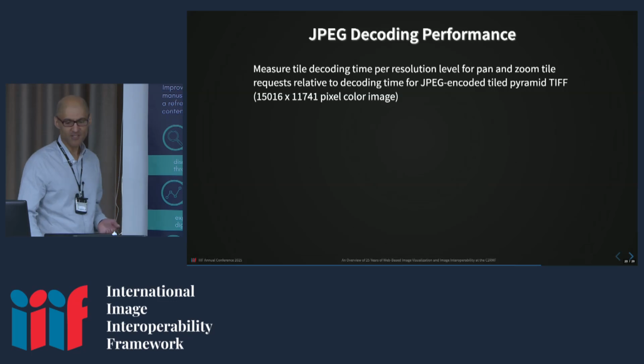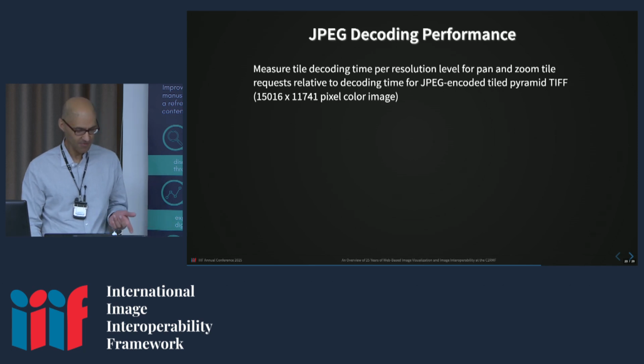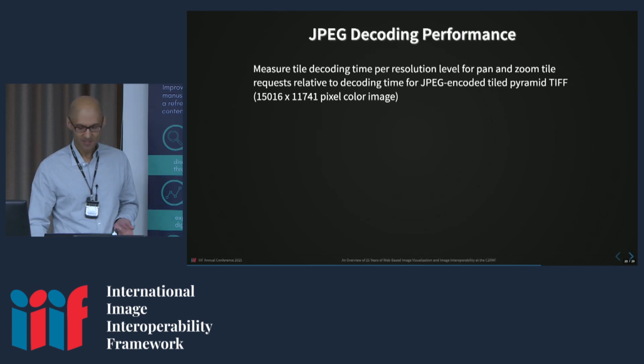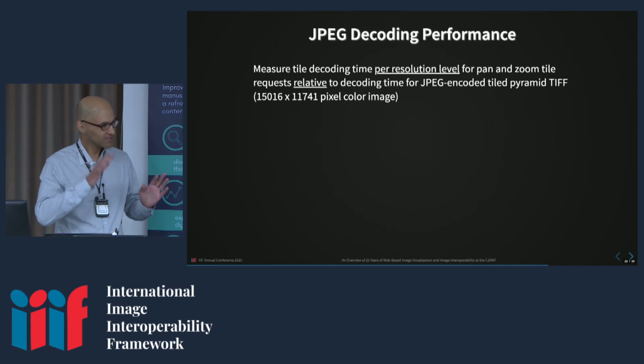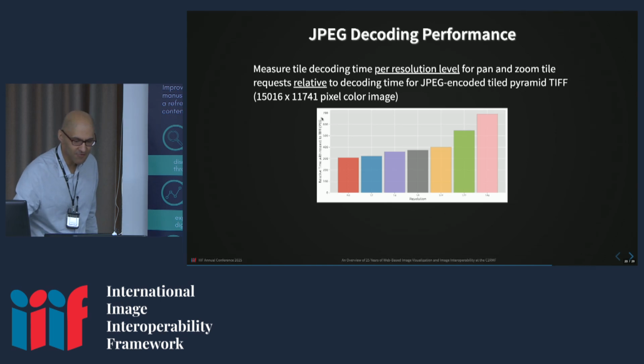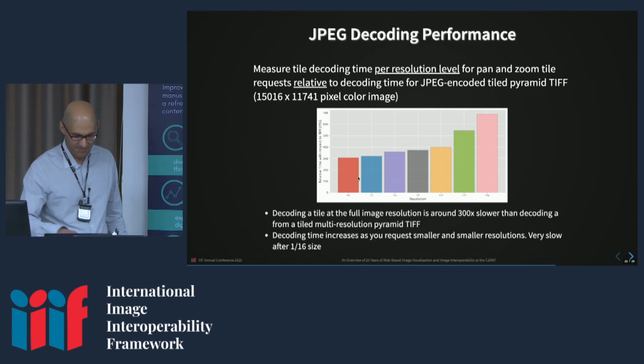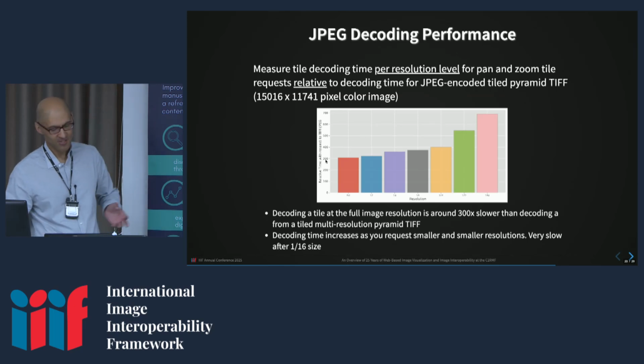So what kind of performance does this give you? Let's have a look. We're going to do the same kind of thing as before, with a pan and zoom simulation, per resolution level and relative to the decoding time for a TIFF image. This is the full resolution on the left, then half resolution, quarter resolution. When we look at the first bar, at full resolution, the scale shows it's 300 times slower than the TIFF.